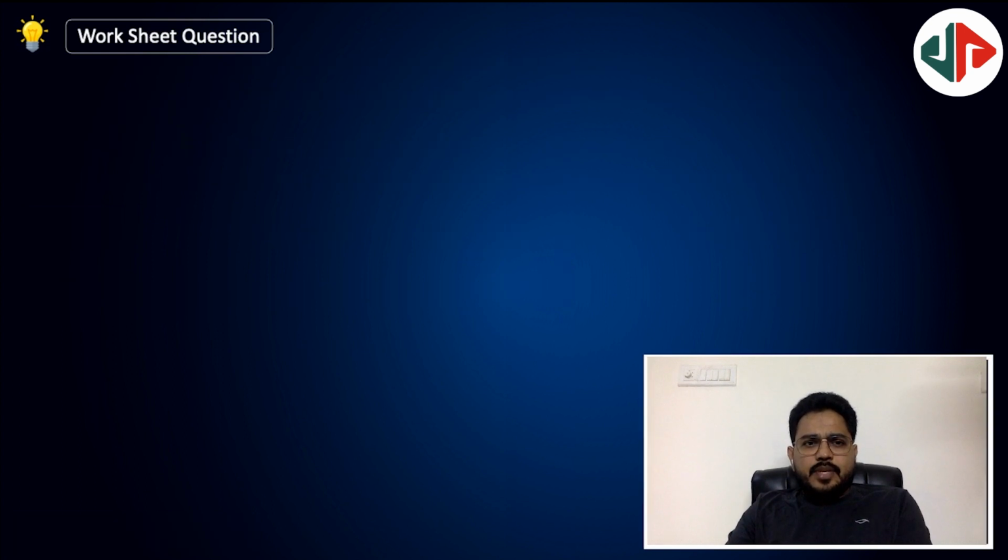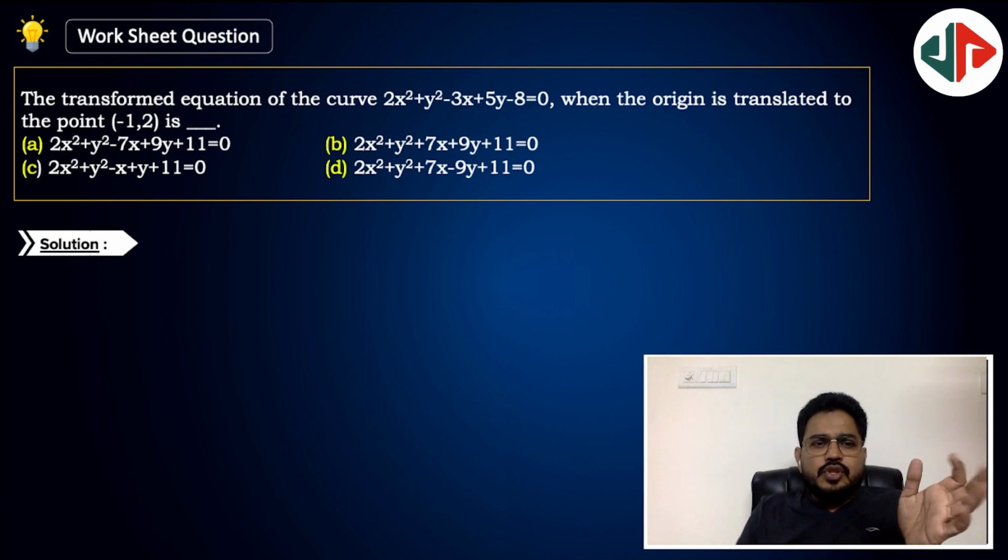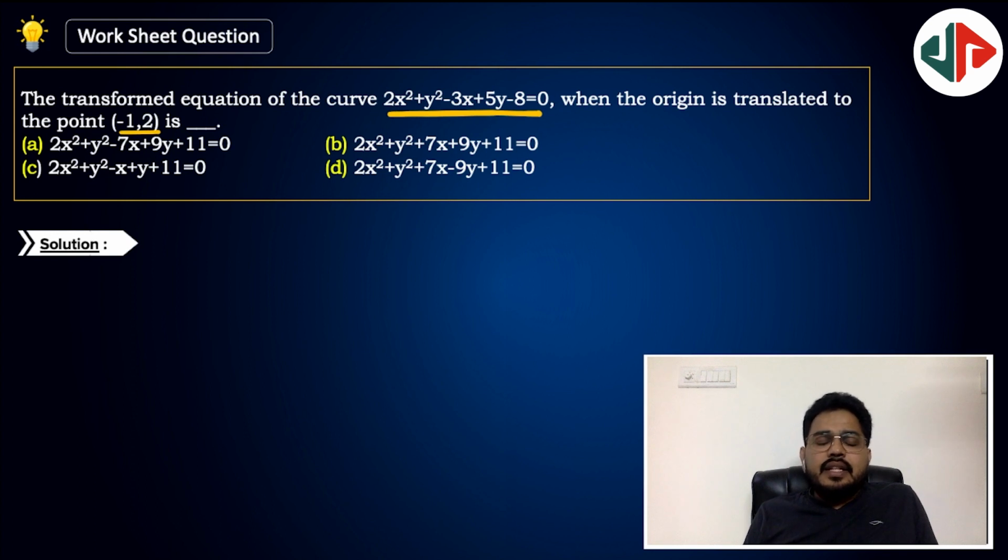Moving to the next question. The transformed equation of the curve 2x square plus y square minus 3x plus 5y minus 8 is equal to, when the origin is translated to the point. So again, the same story. Original equation is given and the point is also given. You need to find the transformed equation.